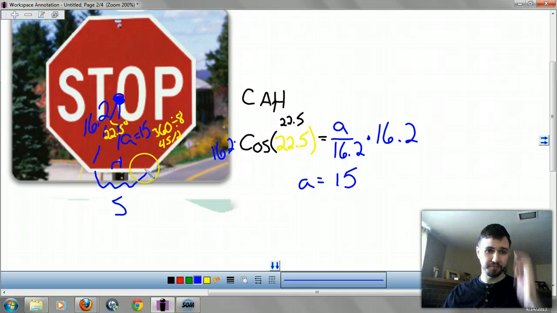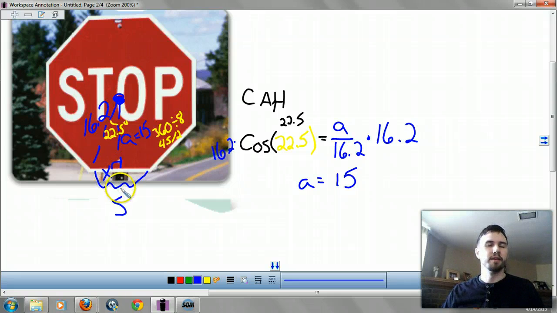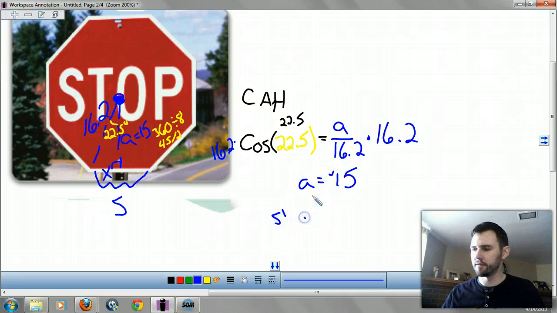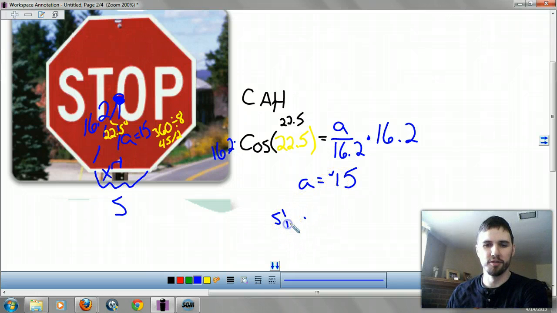Now, to find this side, we're going to call this x. I could use trig again if I really want to. If you guys really like to use trig, you'd use sine. You'd set up sine of 22.5 equals your opposite over your hypotenuse, right?